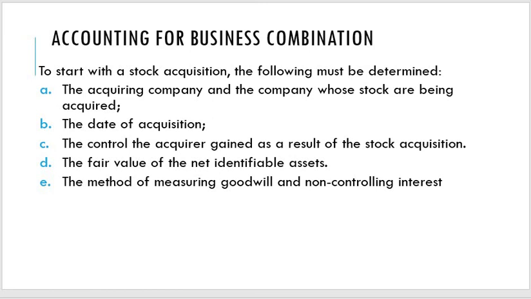First, who is the acquiring company, the acquirer, and then whose stocks are being acquired, the acquiree. Then the date of acquisition, the control gained as a result of the stock acquisition, the fair value of the net identifiable assets, and then the method of measuring goodwill and non-controlling interest.